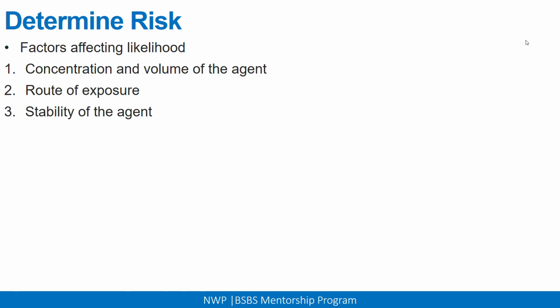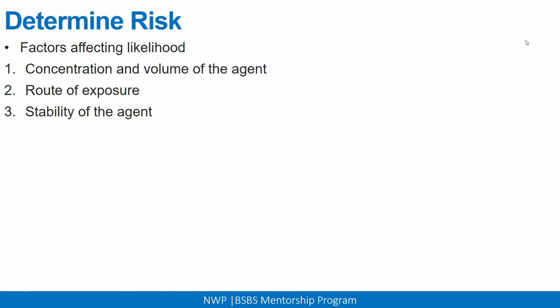Stability of the agent. How stable is this agent in the environment? The longer an agent stays stable on the various surfaces of the environment, the greater the chances of you getting exposed to it. Maybe that particular agent can stay viable on the table for a week.